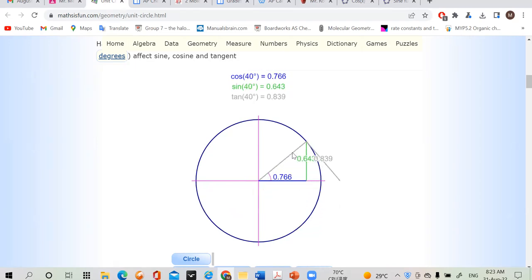So if you have a positive number for tangent, it's in quadrant 1 or in quadrant 3 as well. Quadrants 1 and 3 are where you have a positive tangent. If you have a negative tangent, it would be quadrant 2 and quadrant 4.